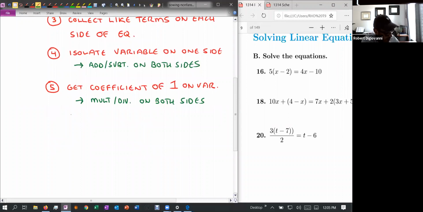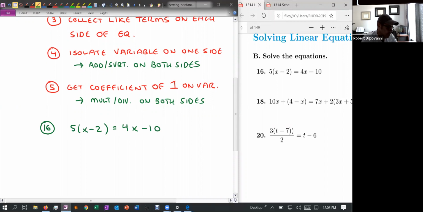And just start the next one down here. So we're going to do number 16. All right, there we go.